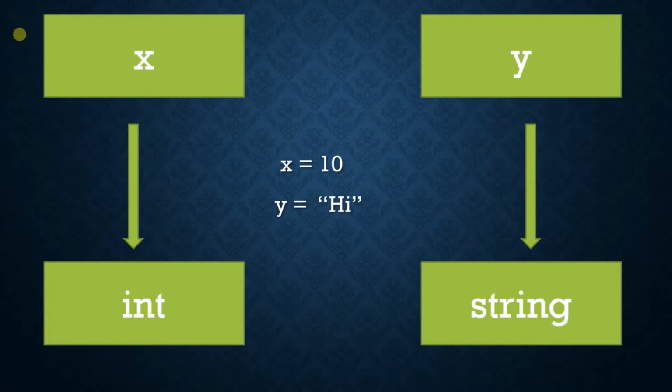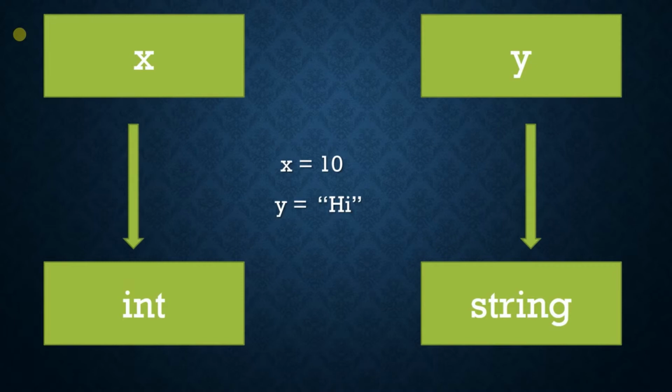So 10 is an integer, that means X is of integer data type. And Y stores a word in it, so it is a string data type. Words or characters are referred to as strings in Python. Now in our first section, we'll deal mainly with these 2 data types. We will learn more complex data types as we progress into the course.